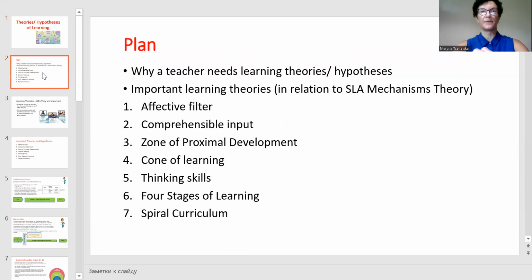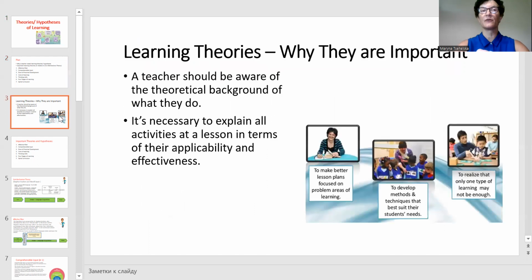as teachers. So we'll talk about important learning theories in relation to the second language acquisition mechanisms theory by Stephen Krashen. We'll talk about the affective filter, comprehensible input, zone of proximal development, cone of learning, thinking skills, 4 stages of learning, and spiral curriculum.